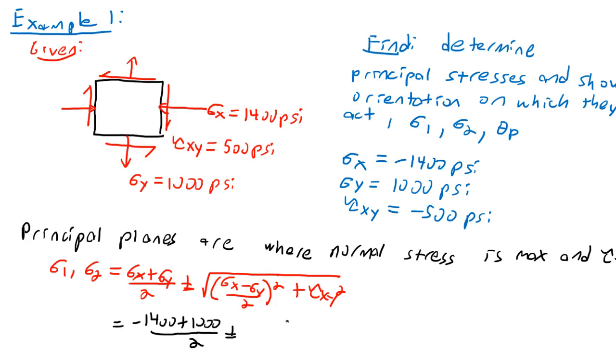Plus or minus the square root of negative 1400 minus 1000 over 2 squared plus negative 500 squared.